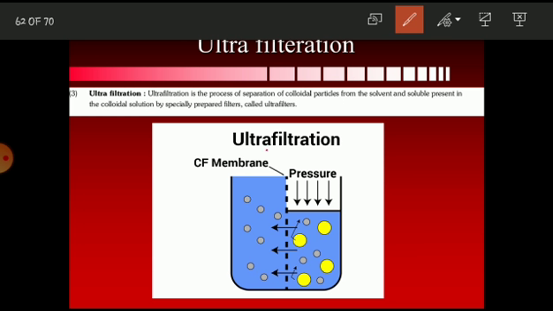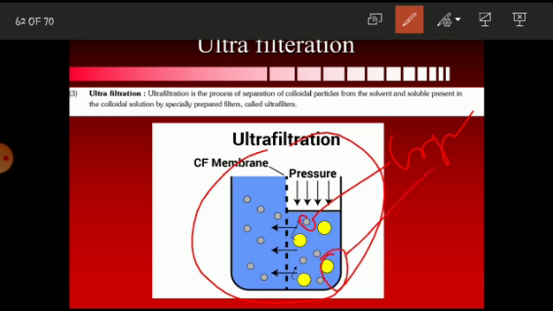You can see in the diagram that these small things are crystalloids or impure particles, and these bigger ones are colloidal particles. The dotted line indicates the ultrafilter paper. When you apply pressure from one side, only the crystalloids pass through the ultrafilter paper, but not the colloidal particles.